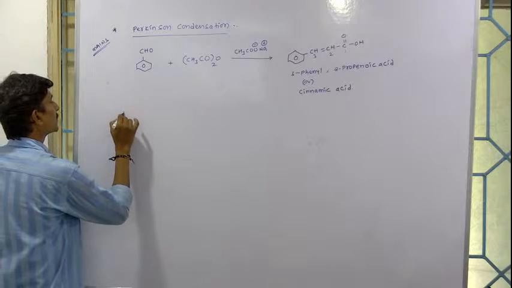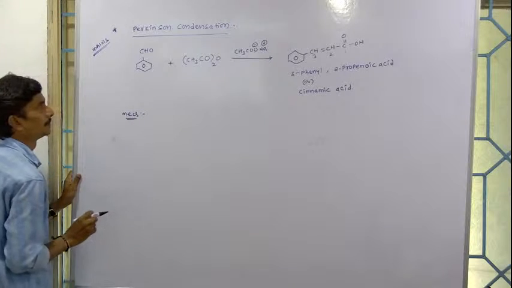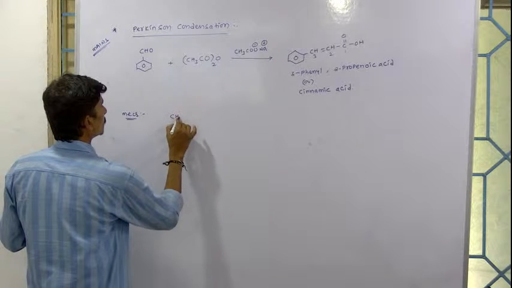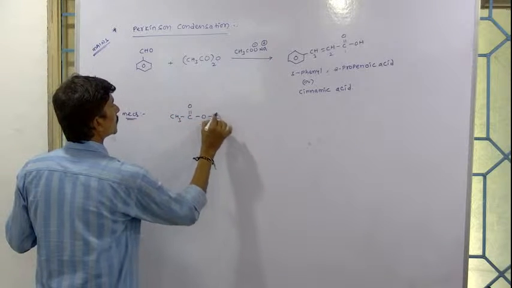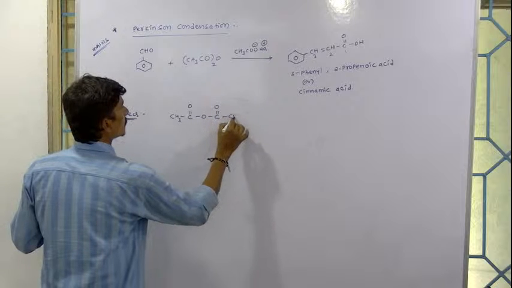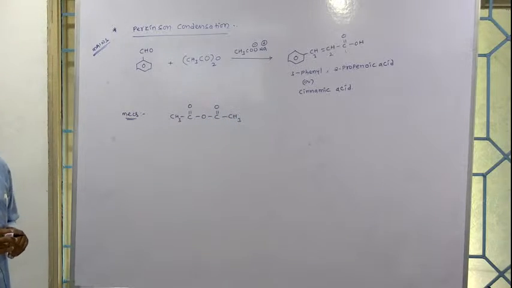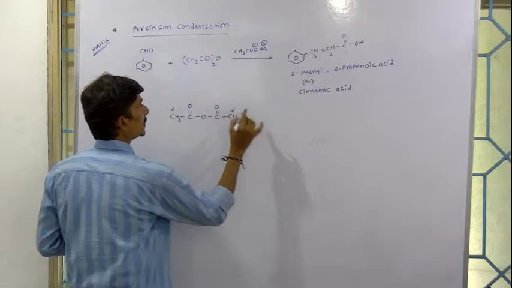Look at the mechanism of this reaction. It is acetic anhydride. These are the alpha carbons.